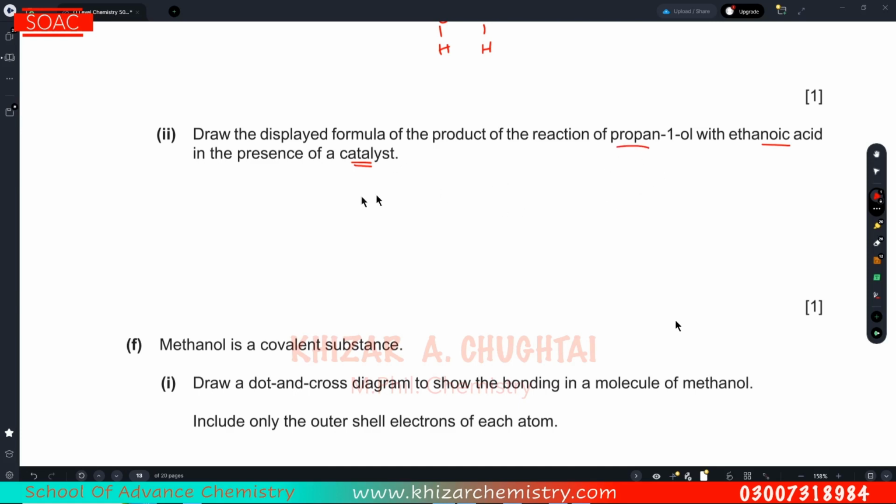So for propanol, I'm going to write 3 carbons, OH group, and here I'm going to write the carboxylic acid that has 2 carbons, eth means 2 carbons, ethanoic acid.